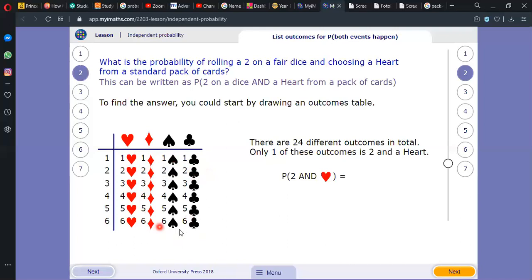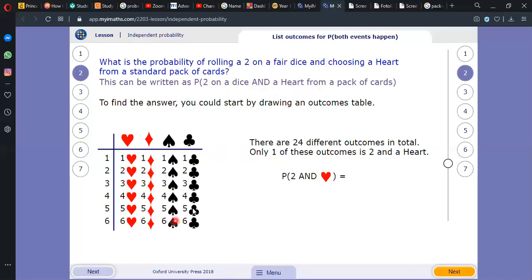for the entire possibilities, okay? Now, our focus, all right, if you count everything, you realize that there are 24 different outcomes in total. That means the total number of possible outcomes is 24 as we have it in the table. Our focus is on 2 on a dice and a heart from a pack of cards. So I'm looking for 2 and heart.